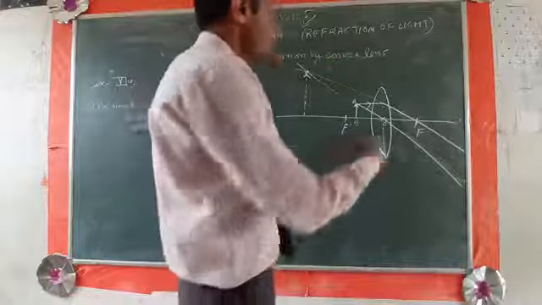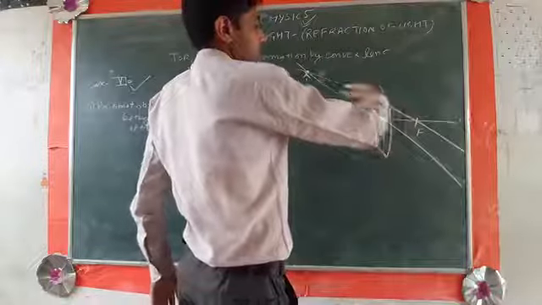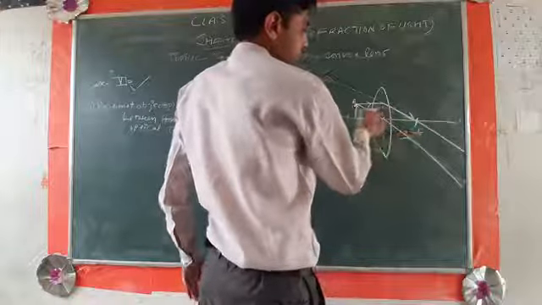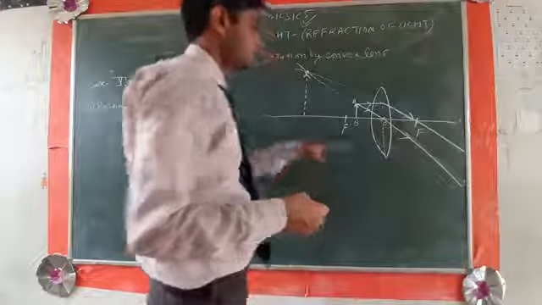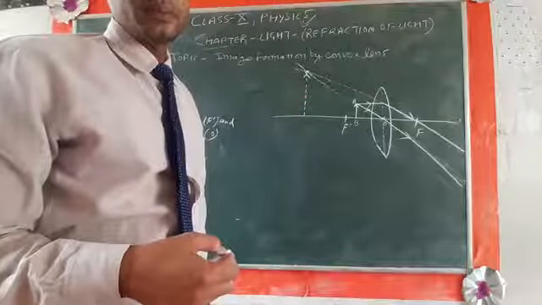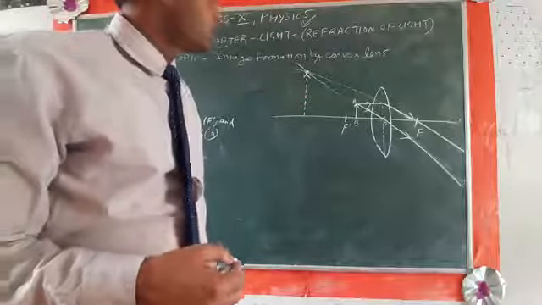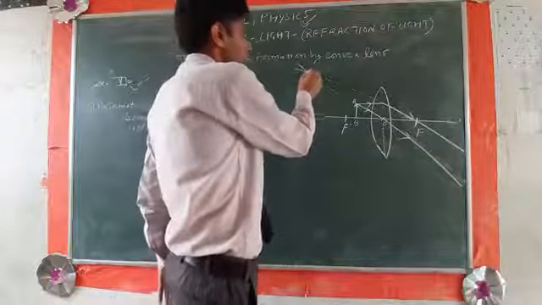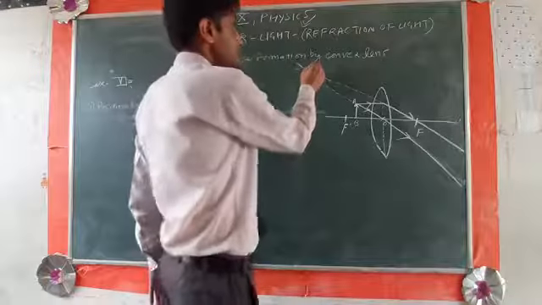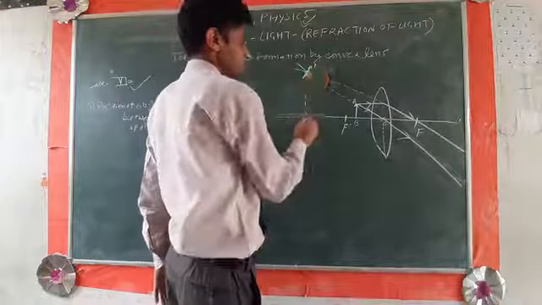So when they are produced backward, they appear to meet in front of the lens. So at this point the image is obtained. This is A dash B dash.